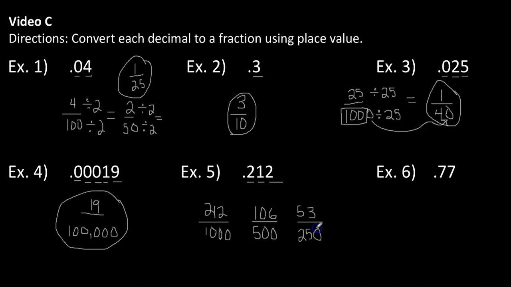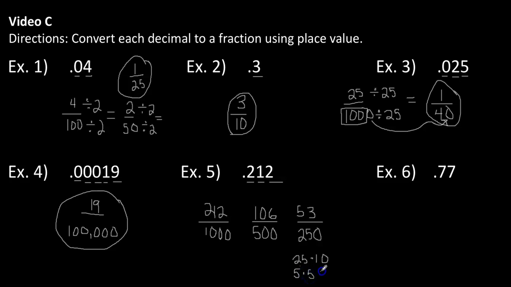So you'll notice that we're writing the fraction and then we're trying to reduce it. So 53 over 250. Let's see if we can reduce that any further. If I think of 250 being broken down, that's the same as 25 times 10. And 25 breaks down into 5 times 5.